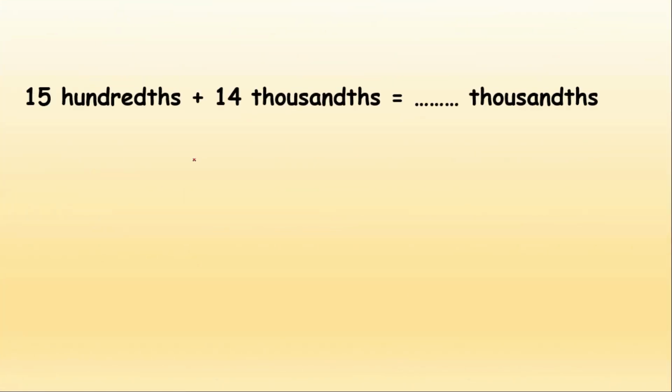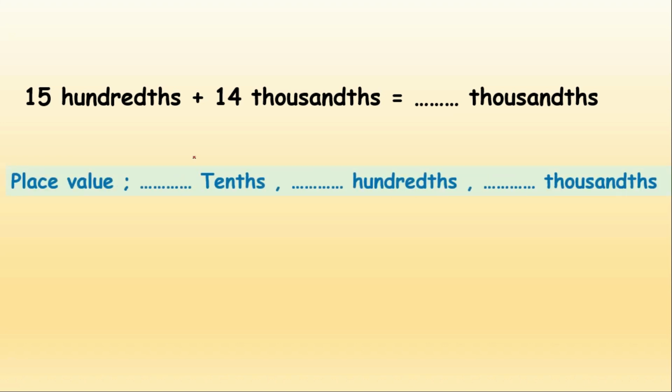Another example, 1500th plus 14,000th equals what? And find the digit for each place value. At first, write each number in decimal form. 1500th. 14,000th means 3 digits in the decimal part.